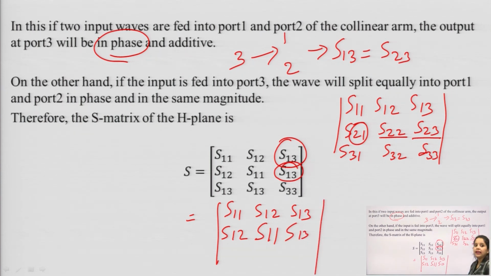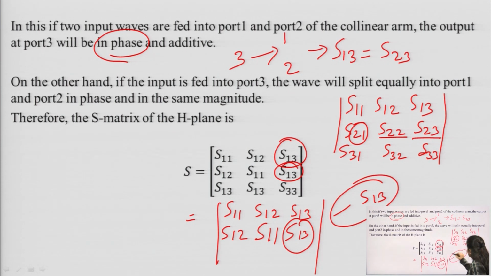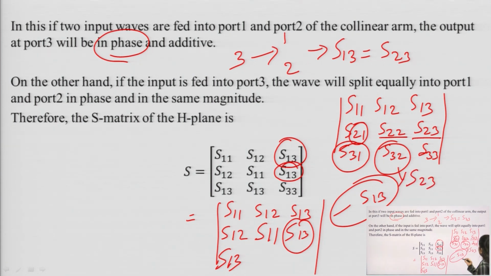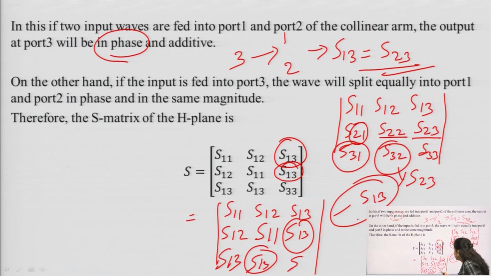But when we see the E plane T, in that case here it is minus of S13. Now comes S31 by the symmetric property, this will be S13. This is S32, by symmetric property it is S23, and by the property of the H plane T, it will be S13. And this is again the difference between the H plane T and the E plane T. For the E plane T, it will be minus of S13, and S33 same.